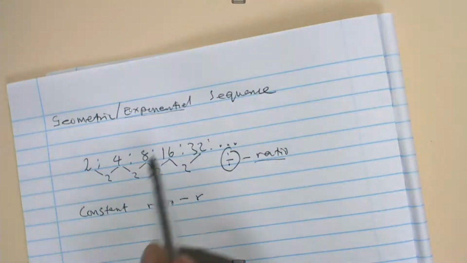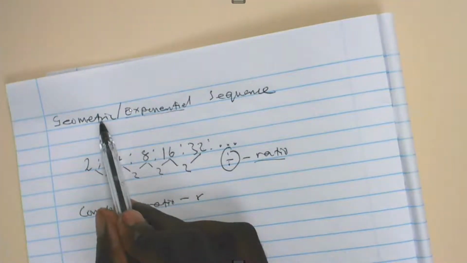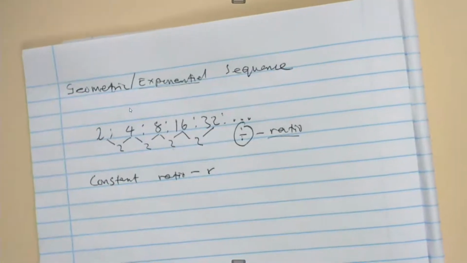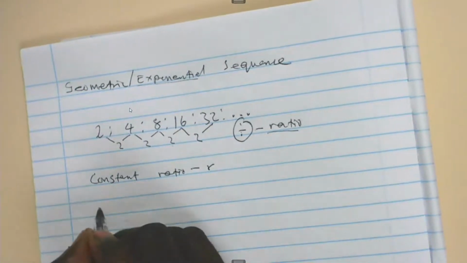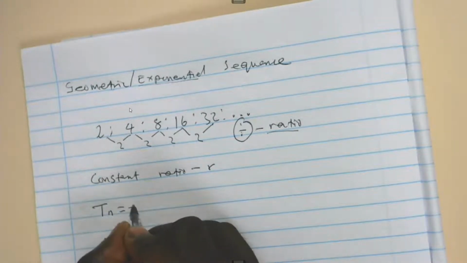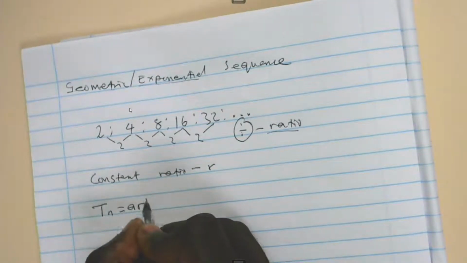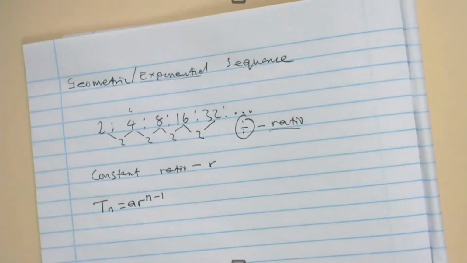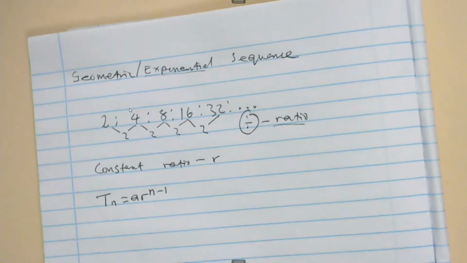And also this exponential or geometric sequence has the nth term. The nth term of the geometric sequence is Tn equals a r to the power of n minus 1. Tn is equal to a r to the power of n minus 1.